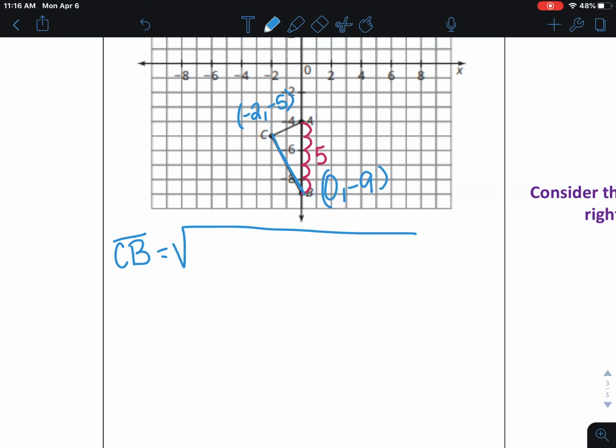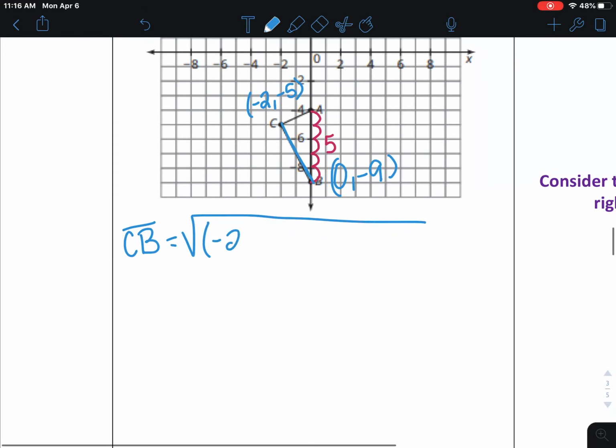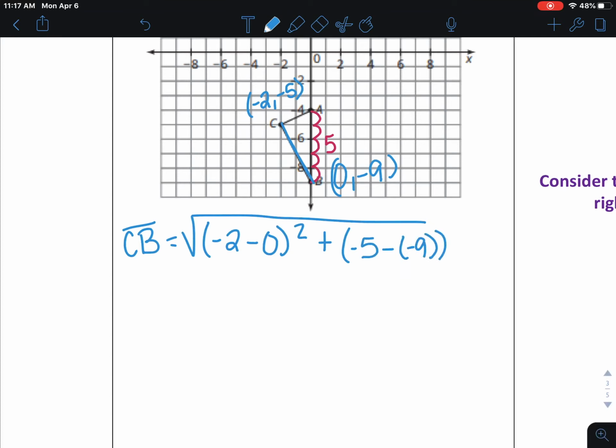And remember, it's the difference of the x's, so -2 minus 0 squared plus the difference of the y's, so -5 minus -9 squared. And then I can do my quick algebra. I can just do this in my head.